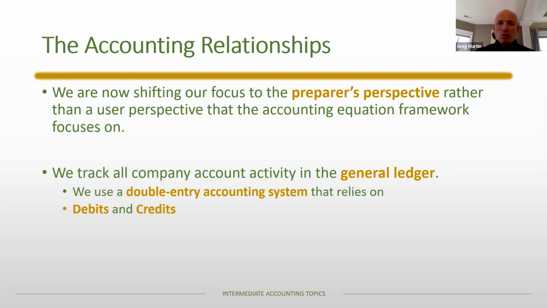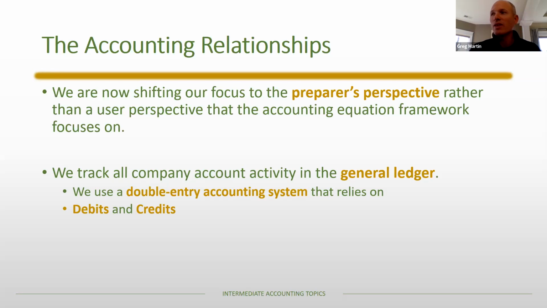Within that general ledger, we use what's called a double entry accounting system. What that means is for every single economic activity where we want to record something, there must be at least 2 accounts, at least 2. Sometimes there will be more, but there needs to be at least 2 accounts. We're also going to introduce a system of debits and credits. And so rather than pluses and minuses, we're going to be looking at debits and credits.